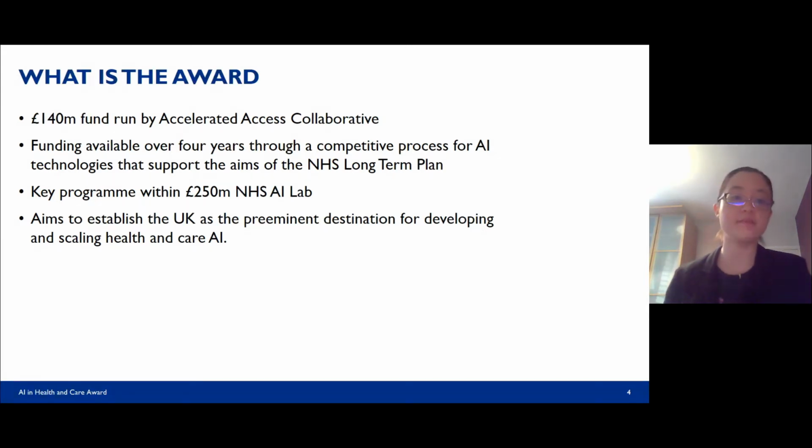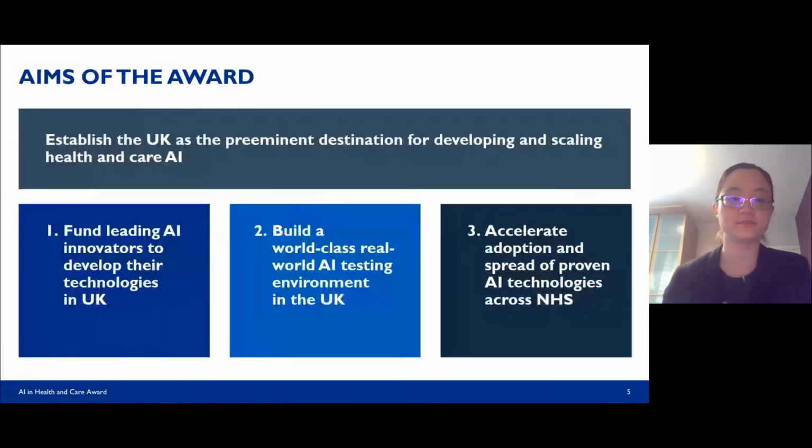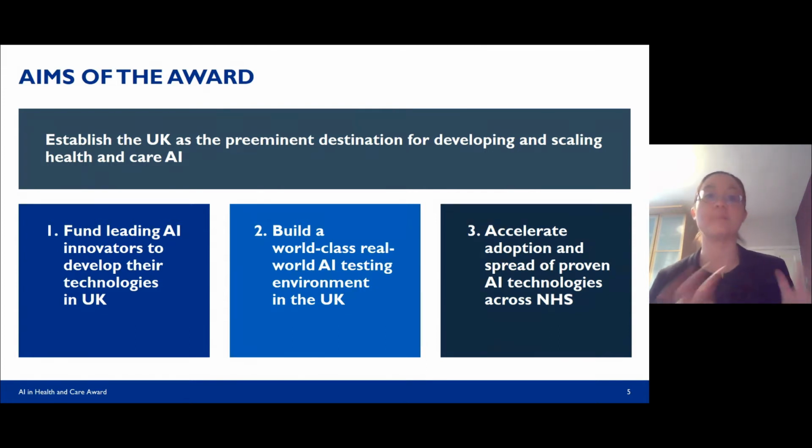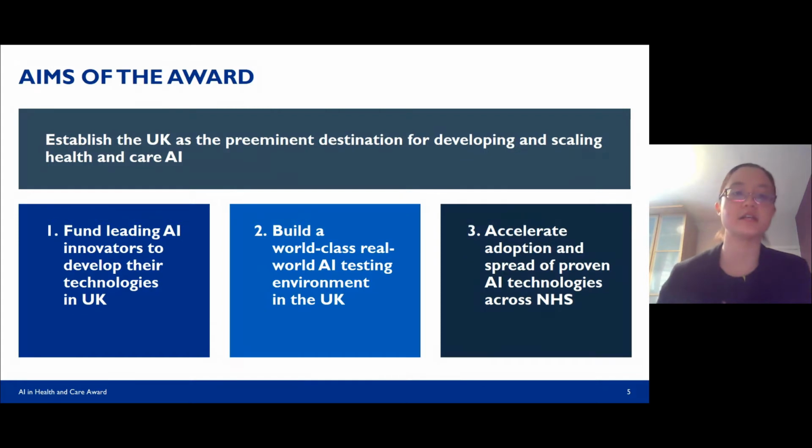Our overarching aim is to establish the UK as the preeminent destination for developing, scaling and testing health and care AI. Underneath that overarching aim, we have 3 sub-aims. We aim to fund leading AI innovators to develop their technologies in the UK, which is really about establishing and supporting a pipeline of AI technologies.